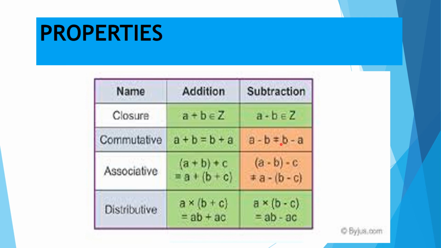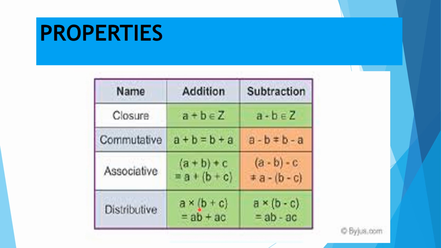When you subtract two integers, a minus b, and change the order, b minus a, they are not the same. Let's see associative property. If you take three integers and change the grouping, for addition the property is true, whereas for subtraction it is not true.